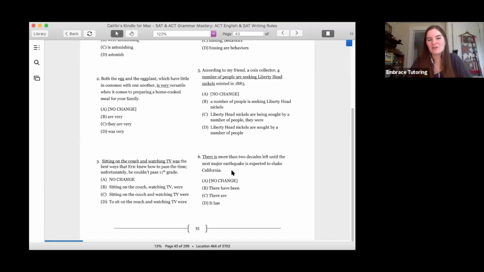It's the only one that really sounds right. And the other ones are changing the verb form or changing the subject, and they just don't flow as well in this given context. They kind of lack sense in a way. So you can pick that out.